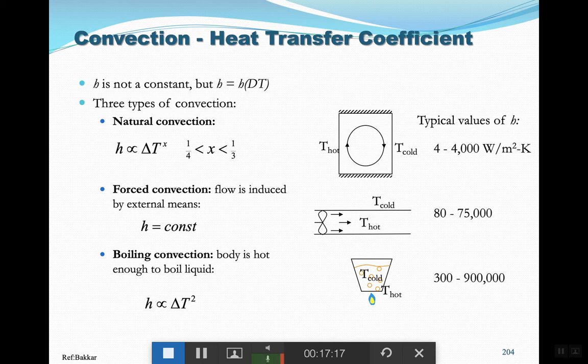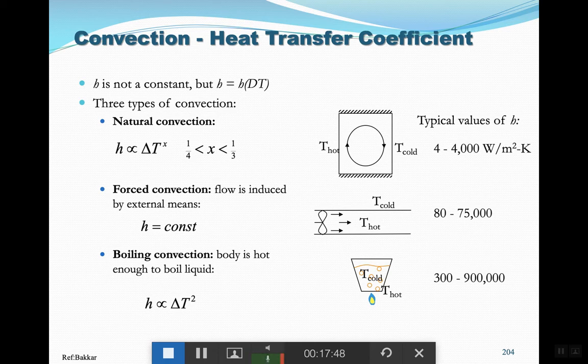In forced convection, H is actually constant because we are artificially creating that flow, so depending on our system, we can define one H, and usually one average H. And remember, for the purpose of this class, or generally for future problems, usually you will be provided with natural convection or forced convection coefficients.